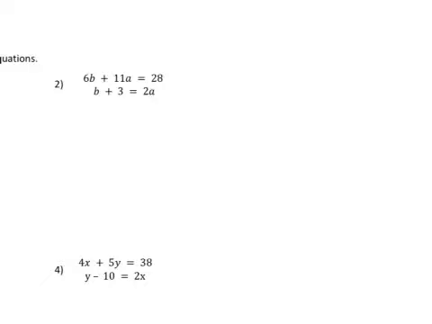Specifically, I'm thinking that if I want to get b alone, that process shouldn't be too bad. So I'm going to take this bottom equation and try to isolate b. How would I do that? Well, to isolate b, we have to get rid of that 3. The way we're going to get rid of that 3 is subtract 3 from both sides.